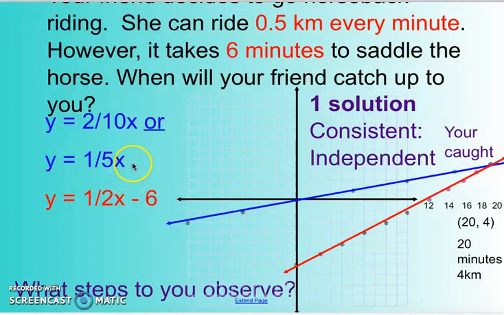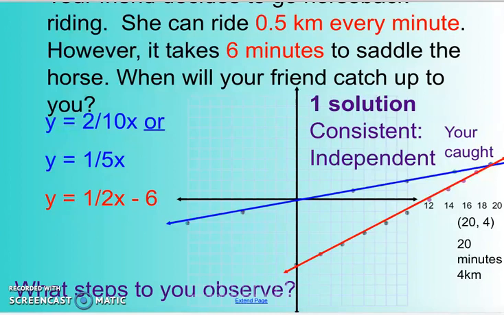Well, what is happening? What steps are going on? The first thing that I notice is that it looks like equations were created for you and your friend.